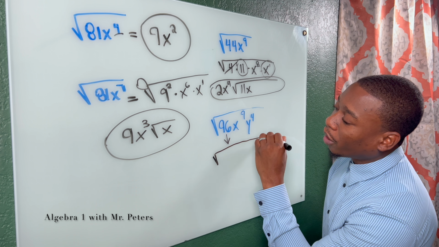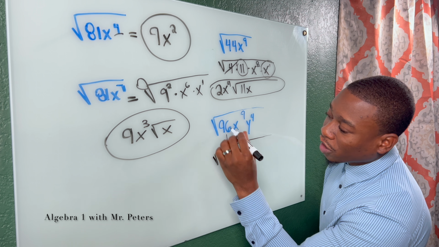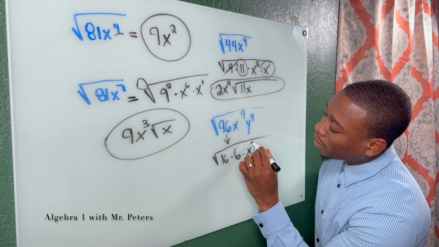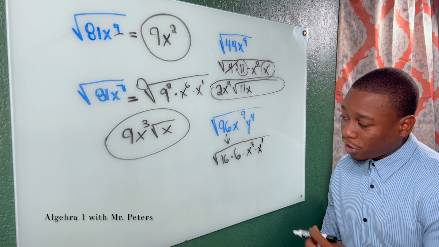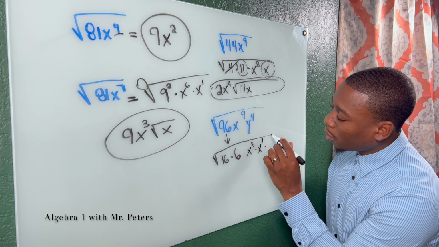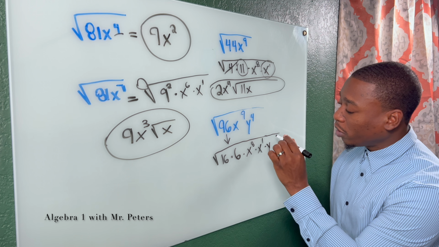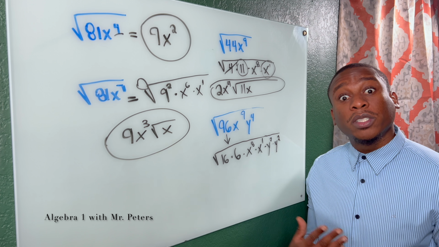So let's draw out our factors, right? We know 16 times 6 gives me 96. X to the ninth, I'm going to split as x to the eighth times x to the first. And luckily for us, y to the fourth, we can leave it as y to the fourth, or I'm just going to change it as y squared times y squared, just to give you a different way to look at it.